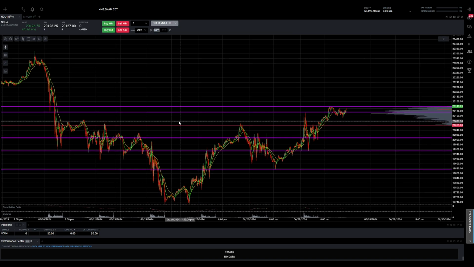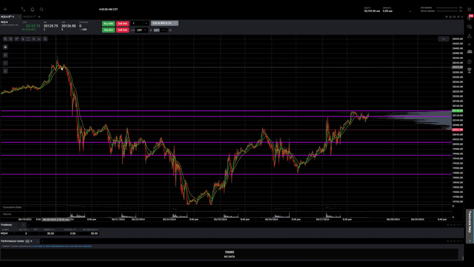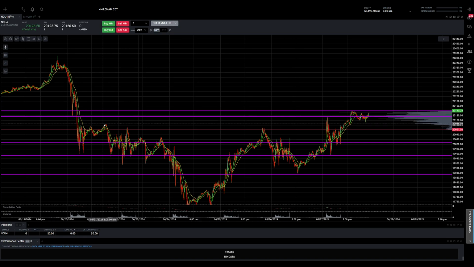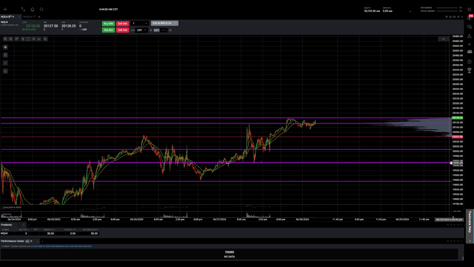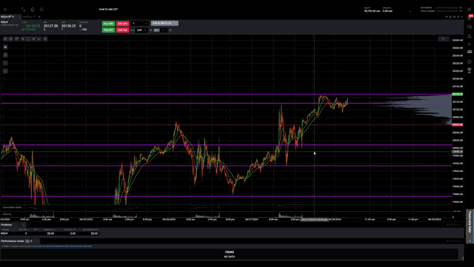Anything overhead will be resistance, anything below will be support, and those are the levels that I'll be using to help me process my trades for the next day.